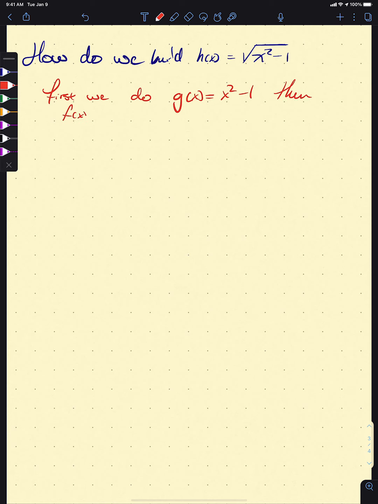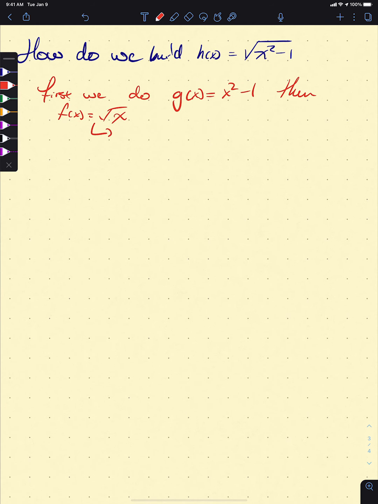Then f of x is the square root of x, okay? And so then using the notation from previously, h of x would be something like we're feeding our result of g of x into f of x, okay? And this is something known as function composition, okay?